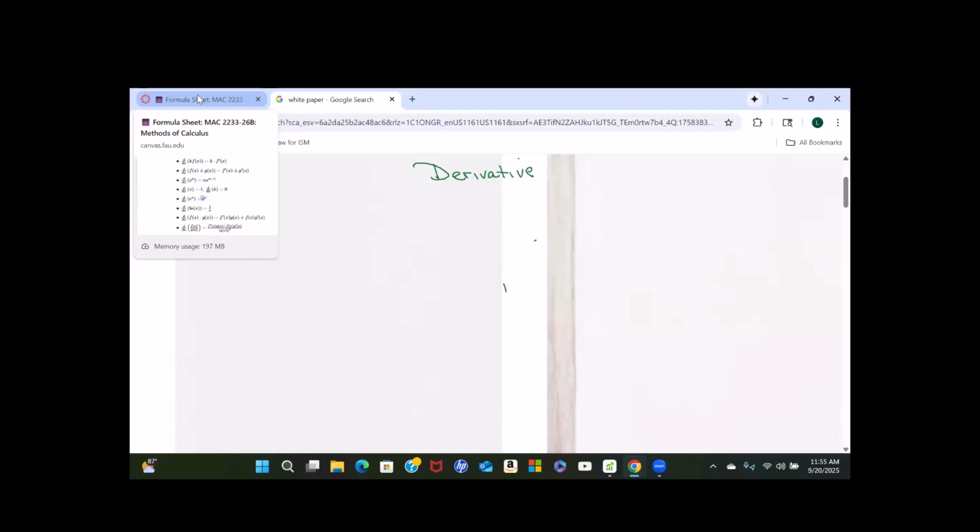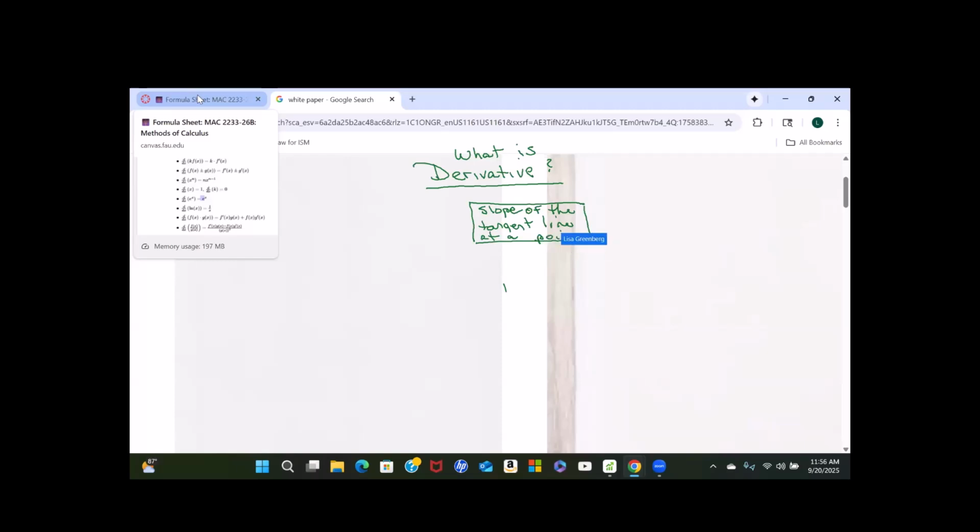What is the derivative? If I get this really well done, I can just draw it up with real tools. I want to start with this: the derivative is the slope of the tangent line at a point.